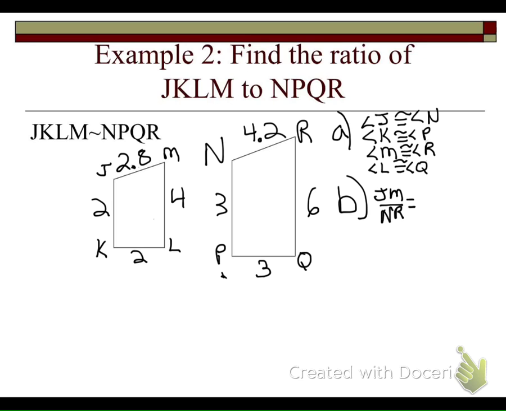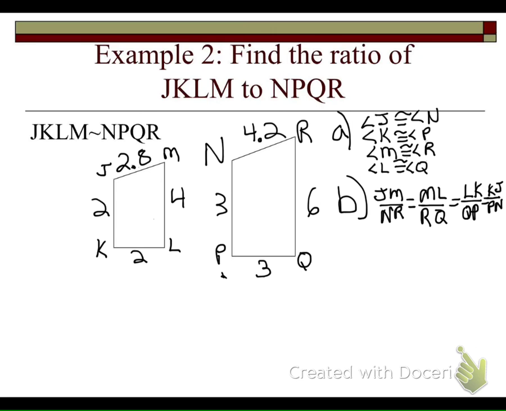I now have ML over RQ, which is equal to LK over QP. And last but not least, I have KJ over PN. Okay, so now we've created those ratios.